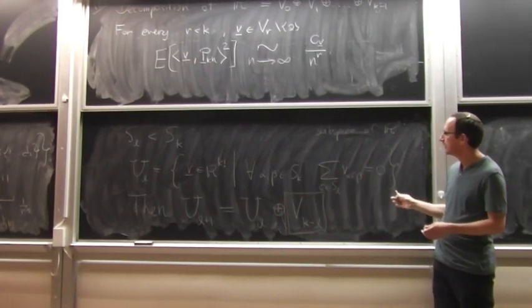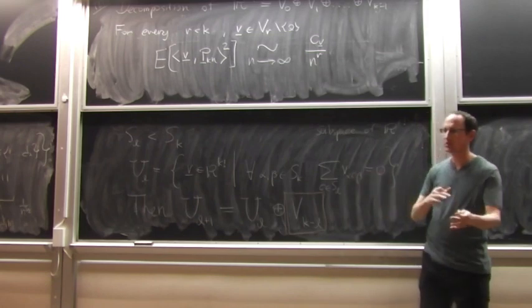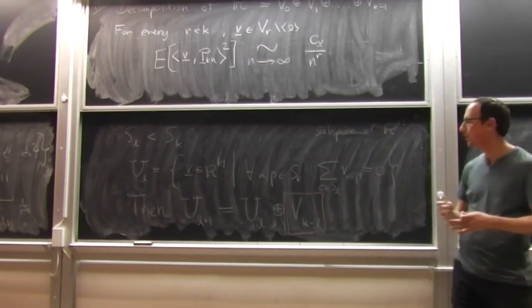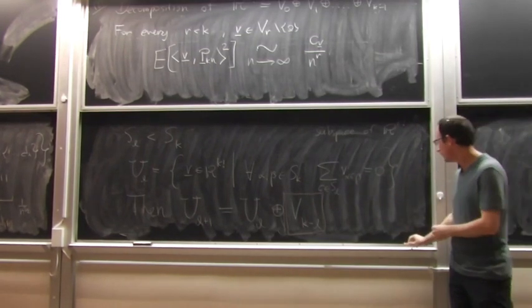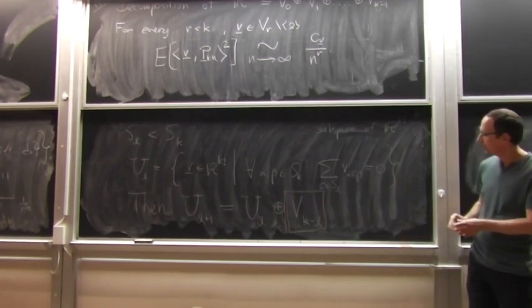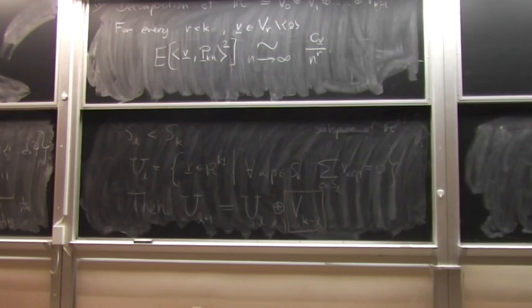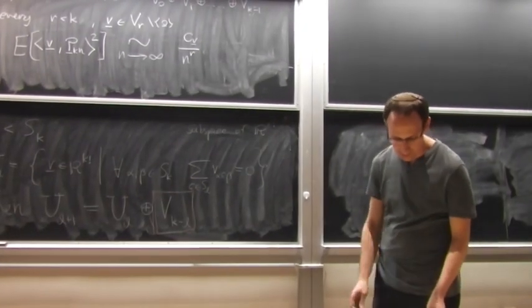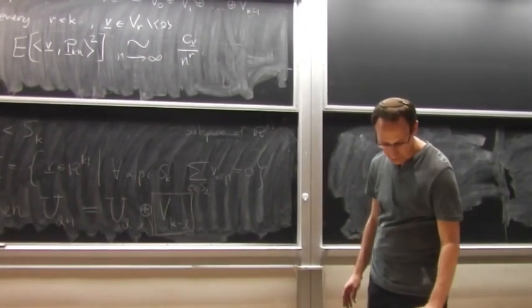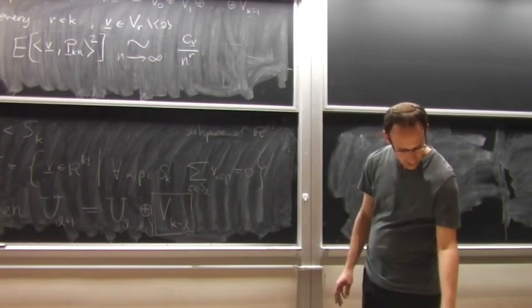I mean, this is an equality of subspaces, so there's inclusion in both directions, and both of them are basically what we use. But perhaps the connection to representation theory is deeper than that. Okay.